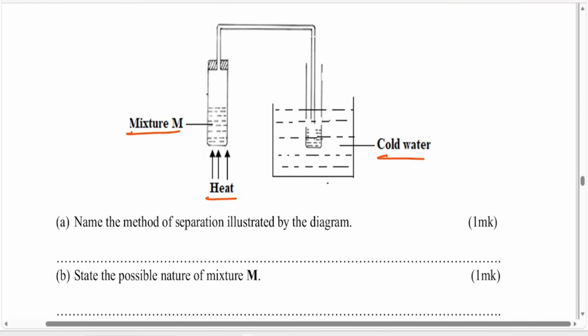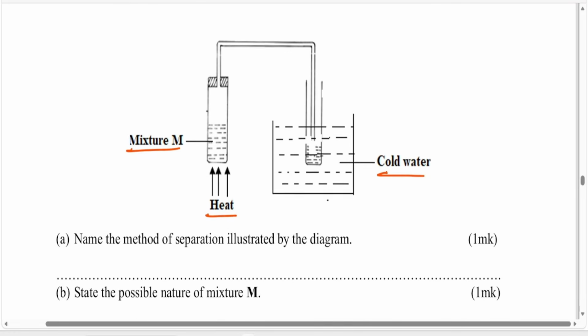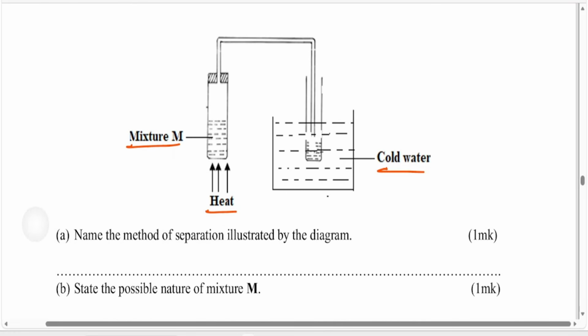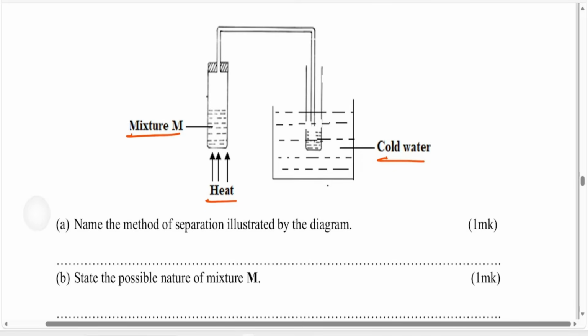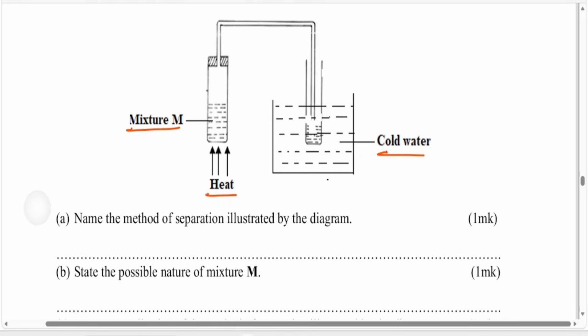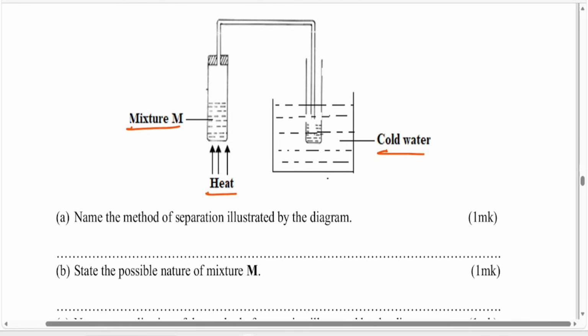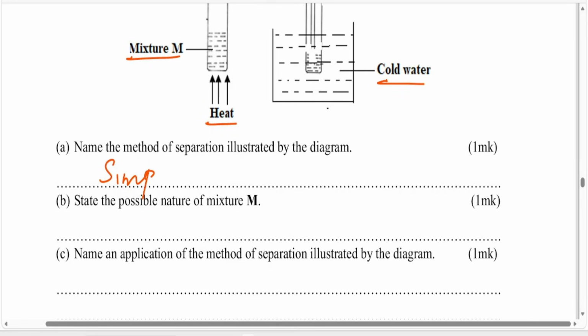So this type of separation, we call it simple distillation. It's different from fractional distillation because there is no Liebig condenser or fractionating column. So in this case, this is simple distillation.